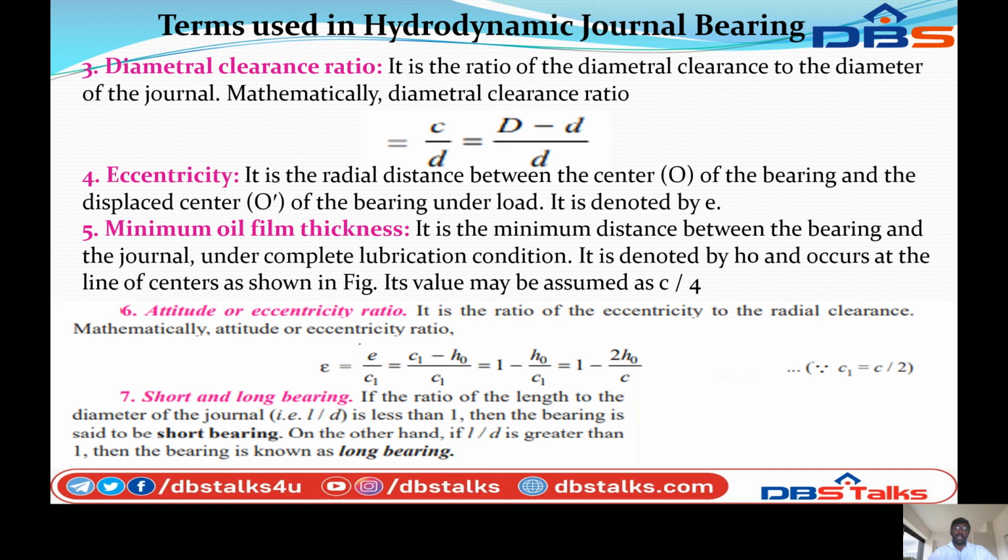So these are the terms used in hydrodynamic journal bearings. Thank you.